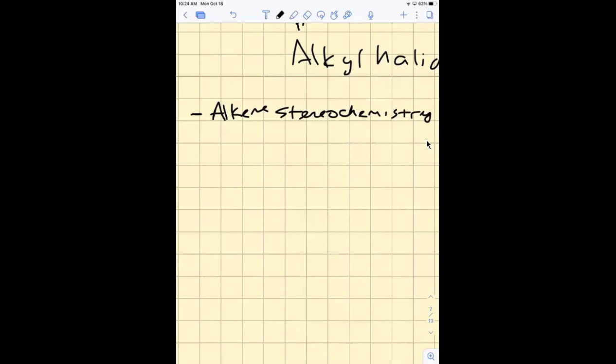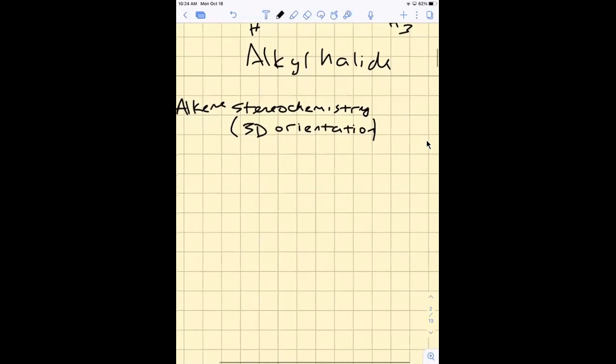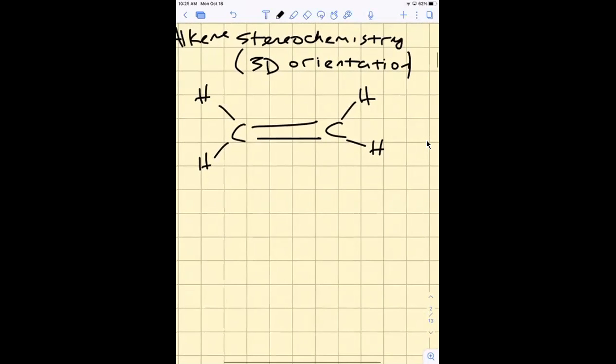So let's talk about alkene stereochemistry. When you hear that term, stereochemistry, it's just the 3D orientation of the alkene. So a basic alkene would look like this. And we talked about this already, right? This has no substituents. And then you can have monosubstituted, and so on and so forth, mono, di, tri, tetra, right?